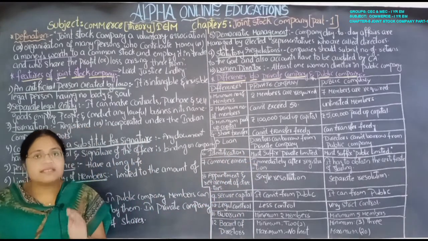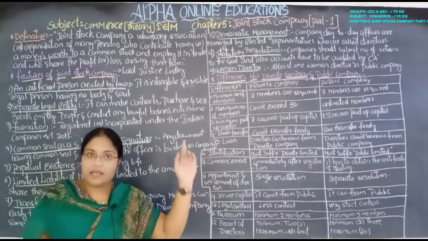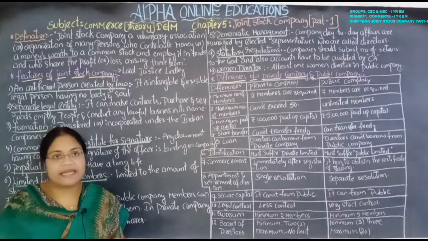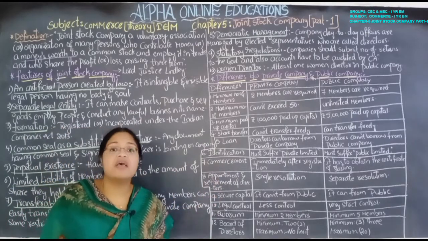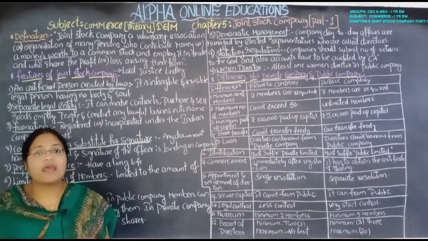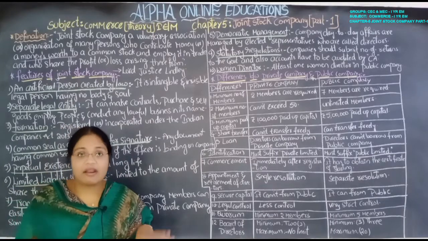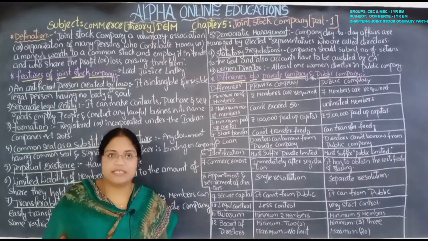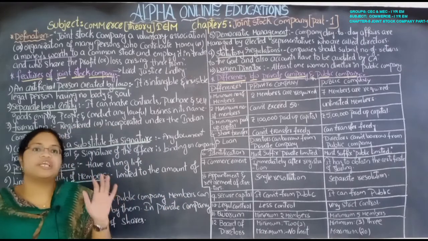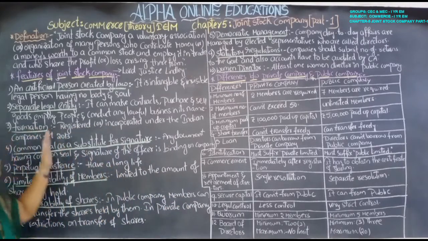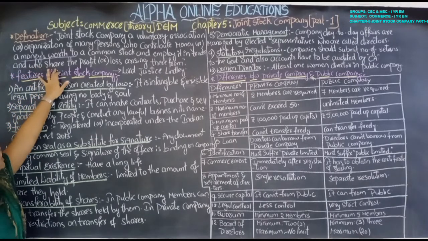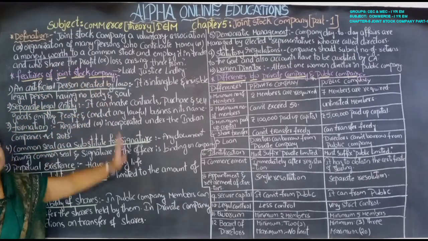For business there is a stock market in Mumbai: the Bombay Stock Exchange and the National Stock Exchange. These are the stock markets where they sell and buy shares. They take those shares and share the profit and loss arising from them.